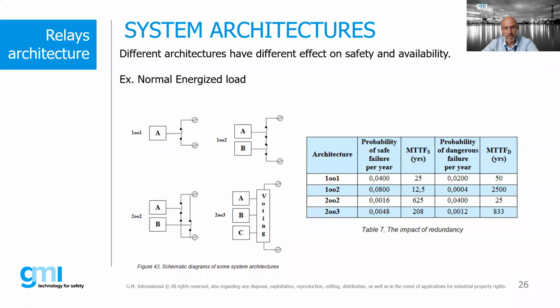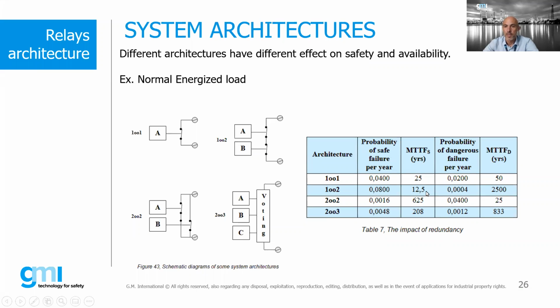That's a big parameter. If I'm using the 1 out of 2 configuration, with the 2 relays in series, I increase my safety a lot because it's increased by 50 times, but I decrease my availability a lot because I reduce it by half. I increase the safety, but I decrease the availability, which is good for safety, but not good for availability, because maybe that is also a critical point.